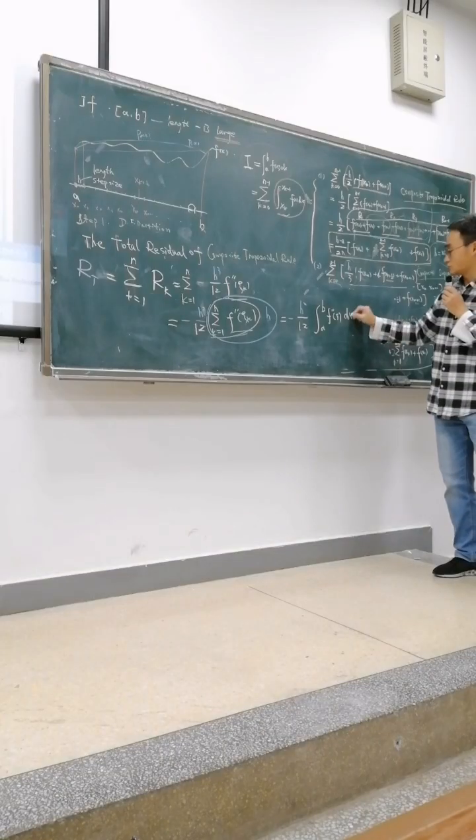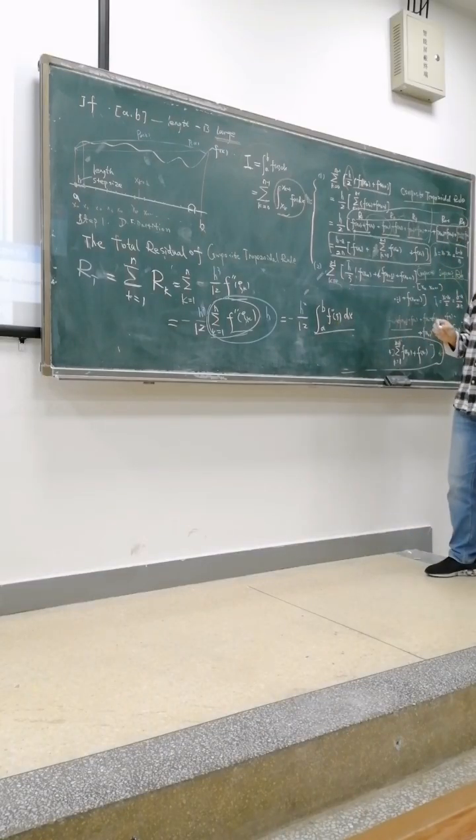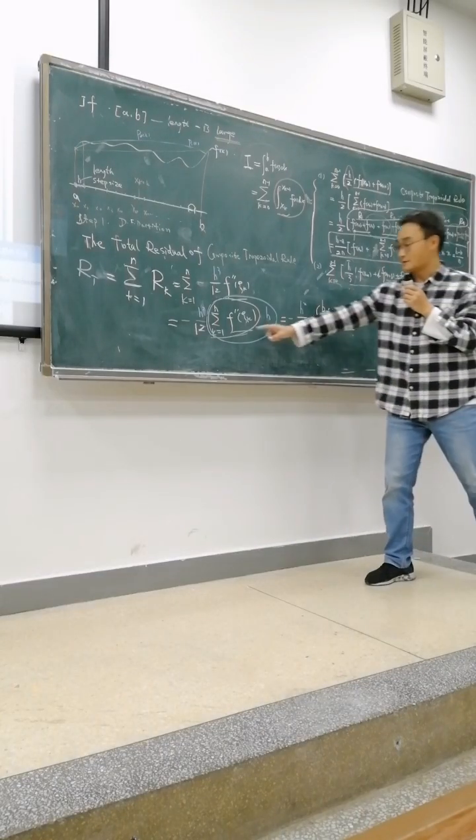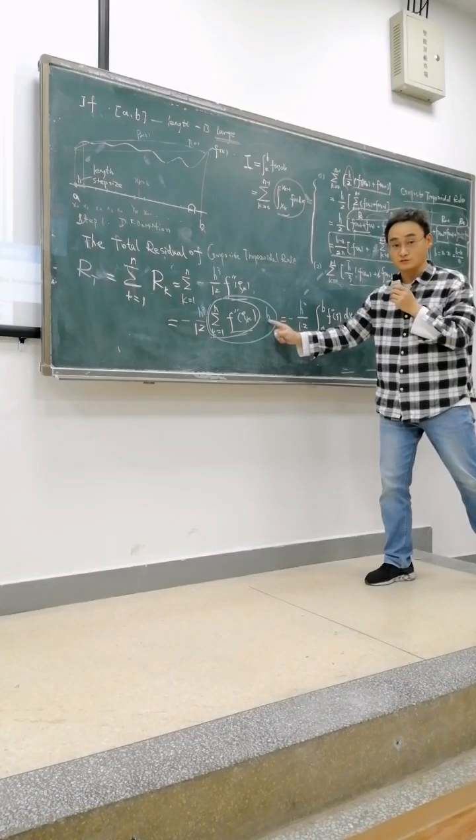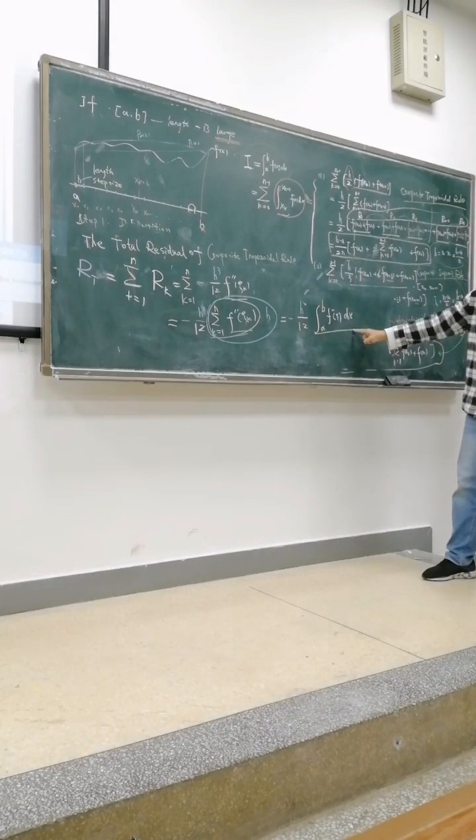The summation of this times the step size is just the integration. This is a summation; if h is very small, it is an integration, right?